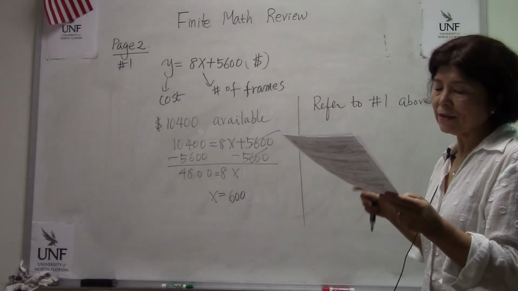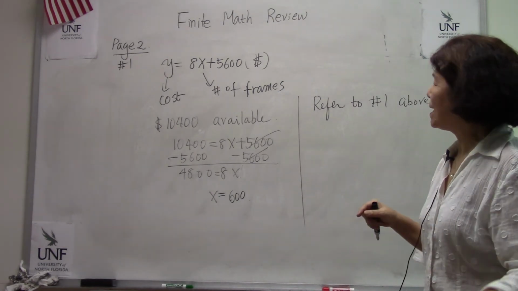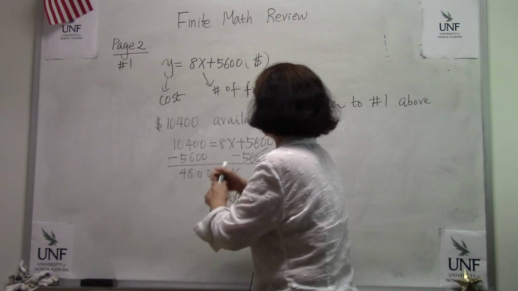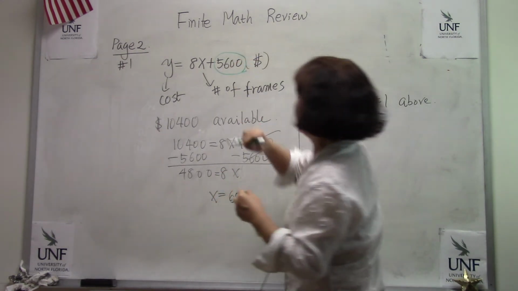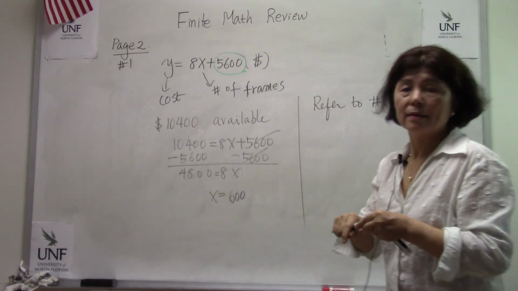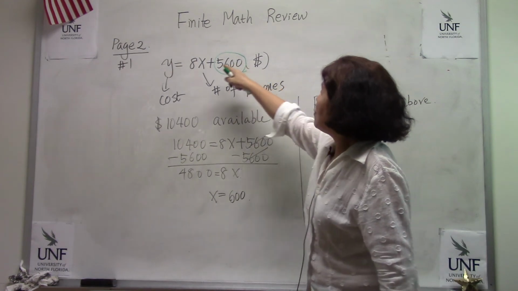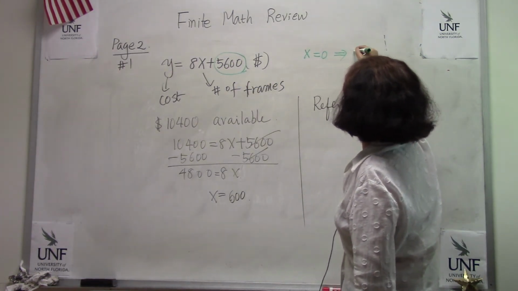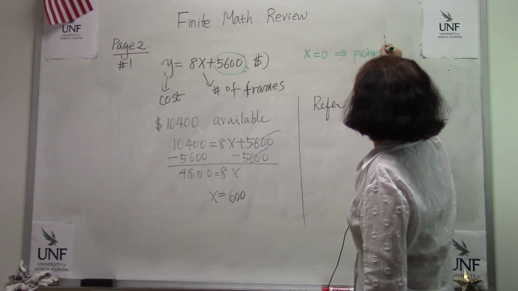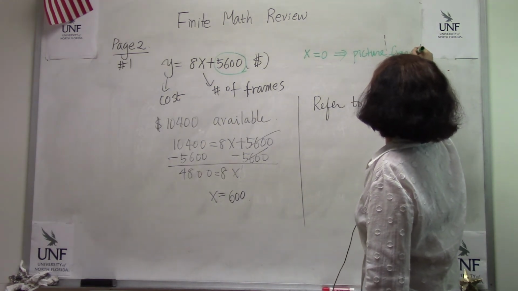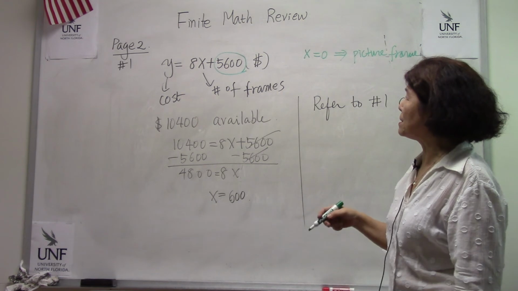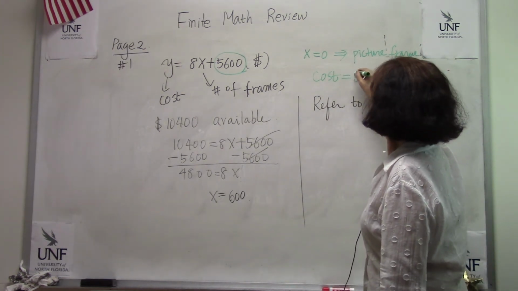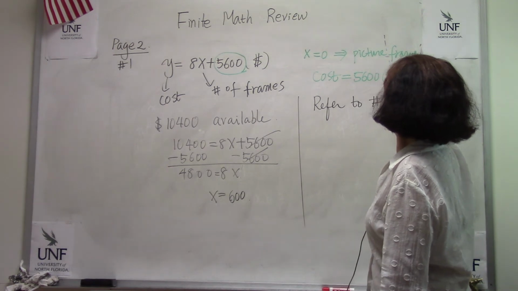What is the physical interpretation of the y-intercept? Here, what is the y-intercept? The y-intercept is 5,600. Think about it. When you make x number of picture frames, that means basically you do not make any picture frames, but still the cost is what? The cost is $5,600.